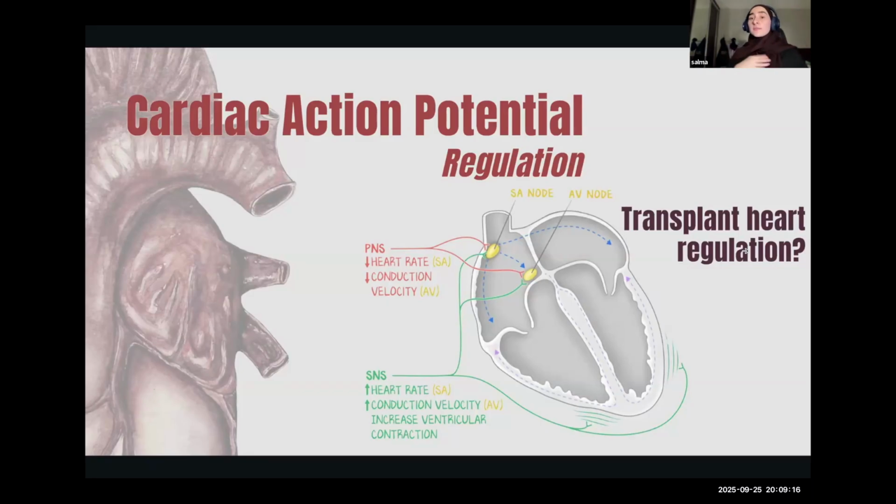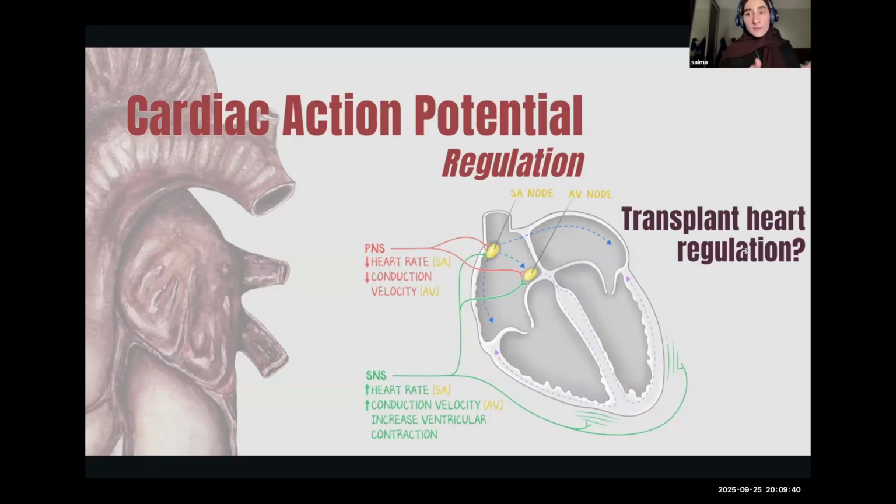Why does your heart start racing? Because your sympathetic system fires up. You go into what's called fight or flight. You're stressed out, and it's just because your sympathetic system fires. What this is gonna do is essentially regulate or have an effect on your pacemakers. It's gonna cause them to go faster. Does this make sense?